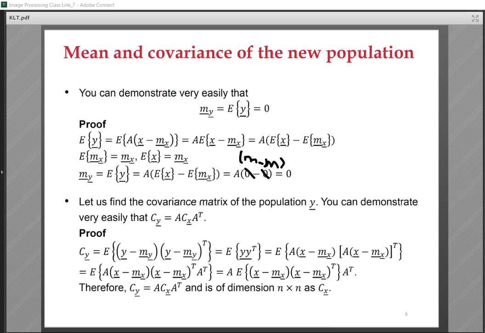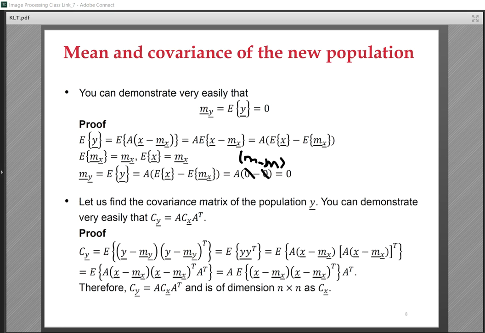Let us find the covariance. This was about the mean; we proved that the mean of y is 0. What about the covariance, or what about Cy based on Cx? Let's find the covariance matrix of the population of y. You can demonstrate very easily that Cy is A Cx A transpose. Why? This is the proof. What is Cy?